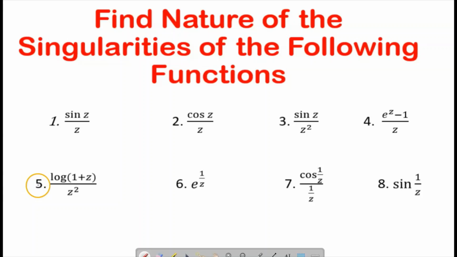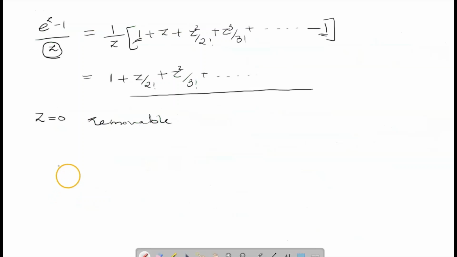Now, fifth function, log 1 plus z divided by z square. So, let's expand log 1 plus z divided by z square.